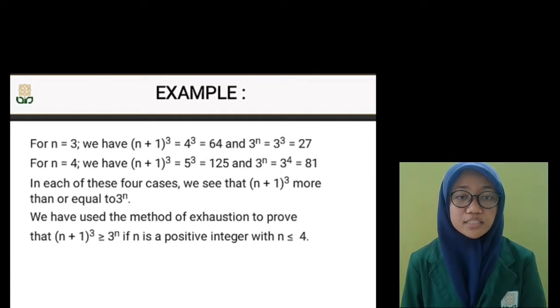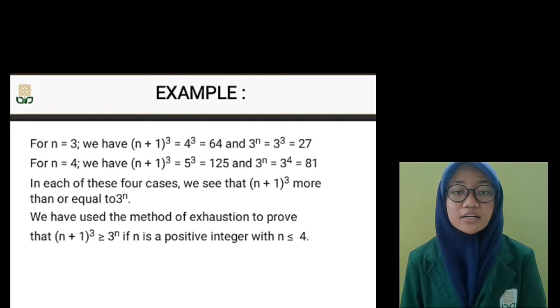For n equals 4, we have (n+1)^3 equals 5^3 equals 125 and 3^n equals 3^4 equals 81.